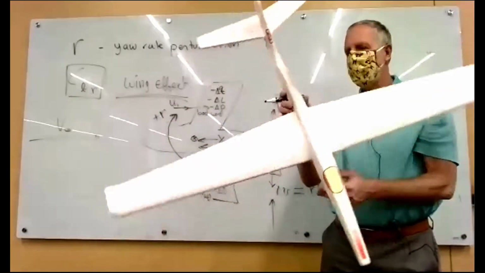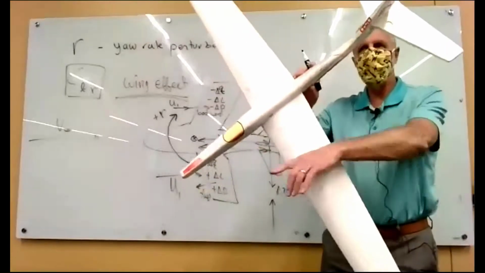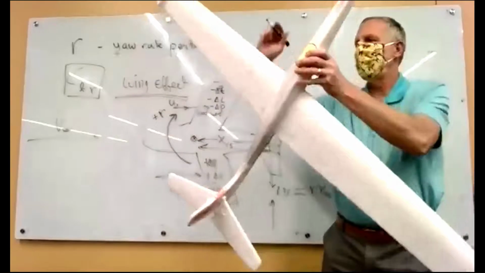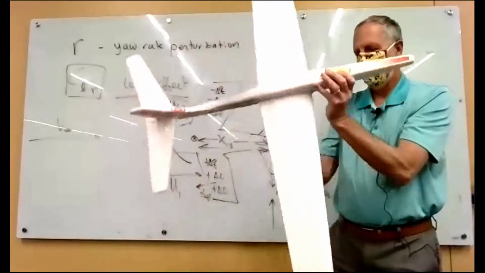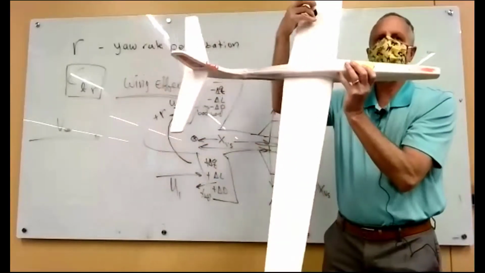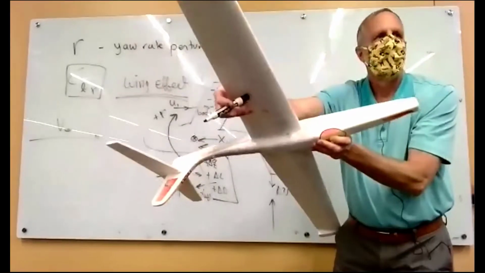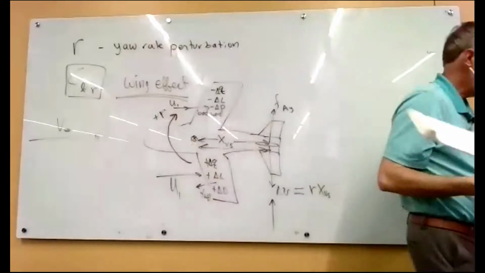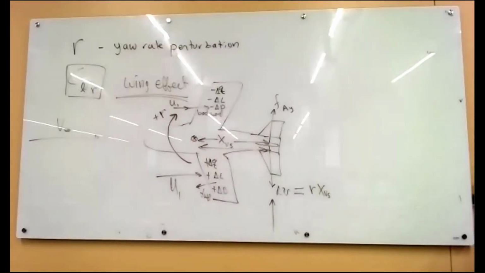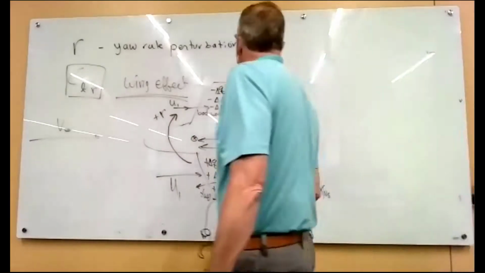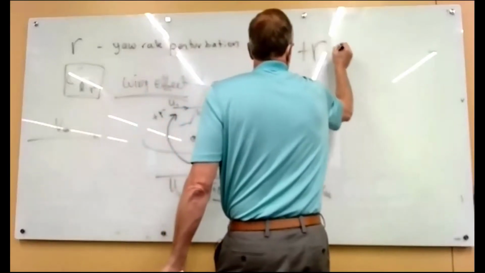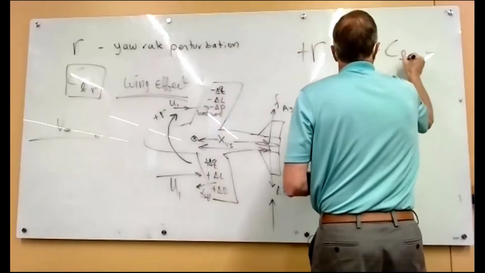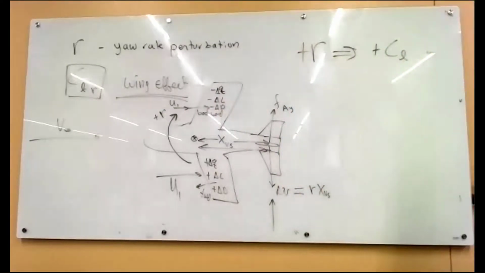It's yawing like this. You can see that this wing is moving forward and this wing is moving backward. So we get more lift here and less lift here. So the more lift here is going to roll the airplane positive, right? Okay, so let's stick with that in our mind for a minute. So a positive yaw rate gives a positive rolling moment or rolling moment coefficient.